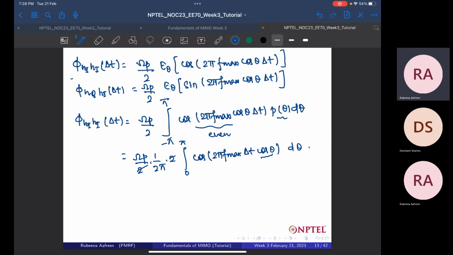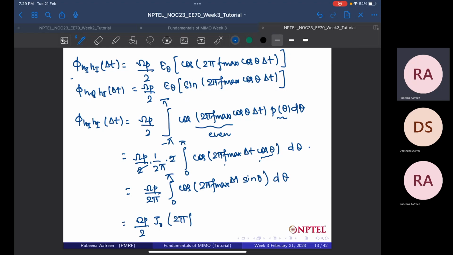Now because of this cos theta, this will vary from minus 1 to plus 1, so we can replace this cos theta with sin theta as well. So we will write it as 0 to pi cos of 2 pi f max delta t sin theta d theta. This is the Bessel function of first kind, zeroth order, so this will be J0 of 2 pi f max delta t.